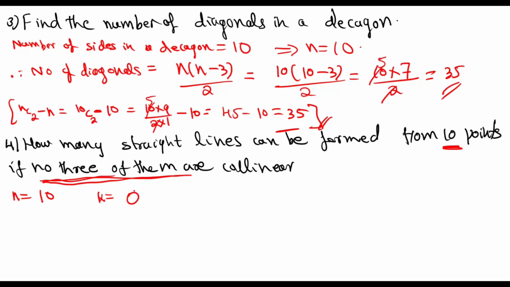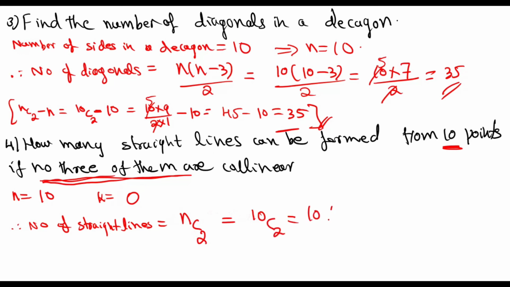No collinear points. That time your formula is the number of straight lines is equal to, see, no collinear point means you need to take only the number of straight lines formed using 10 points. Using 10 points, that is equal to nC2 only. Okay, it's equal to 10C2.